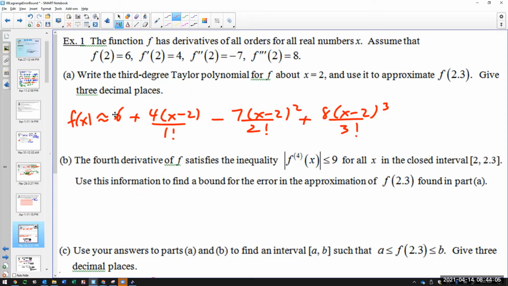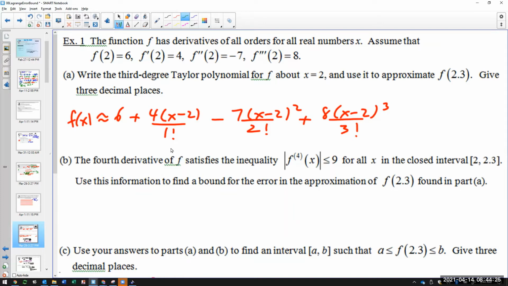I put approximately equal to, so I don't have to put a plus dot dot dot. Now, do you guys notice that this is not an alternating series? Because you have plus plus, right? That's not an alternating series. What else do we notice?